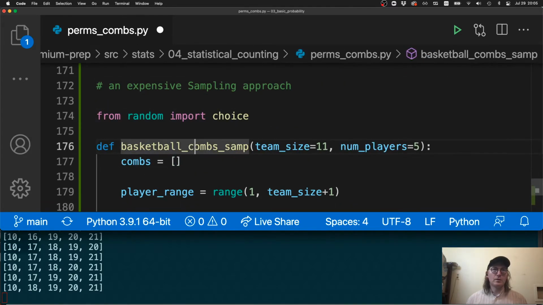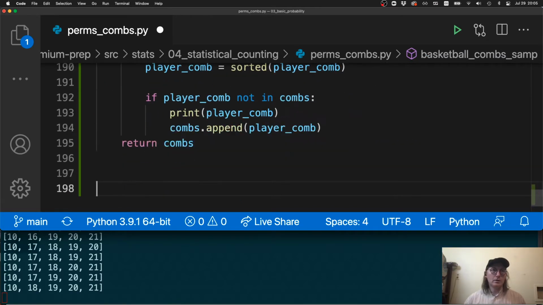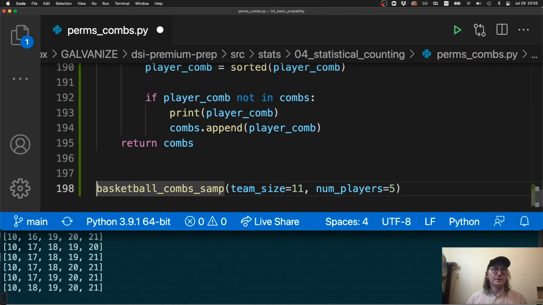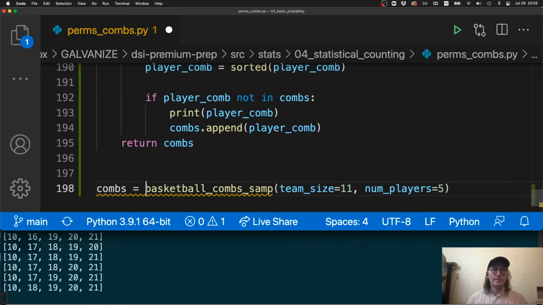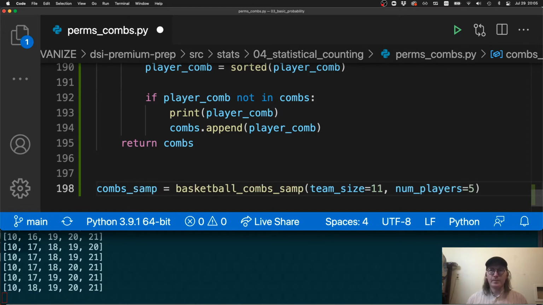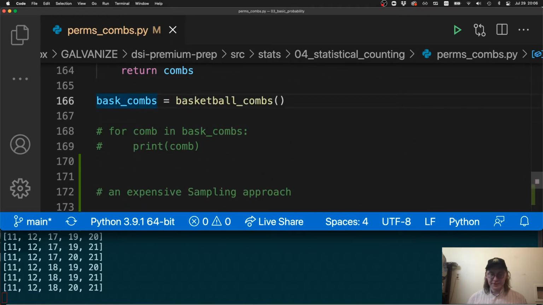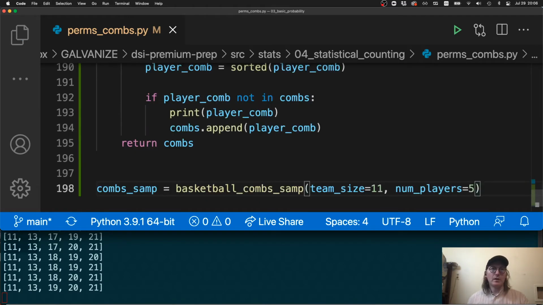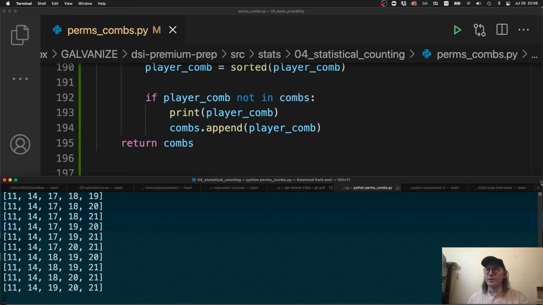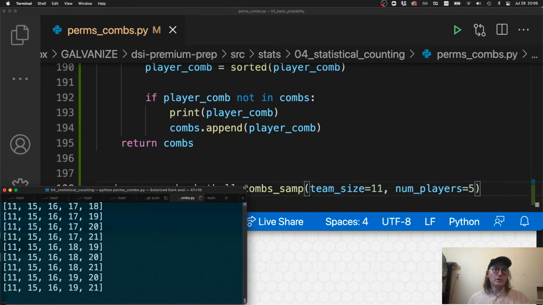So I'm going to get this one started as well. And comms sampling. And what I need to do up here is not call that other function, and just have to play with this a little bit. So let me do that and make a new terminal.